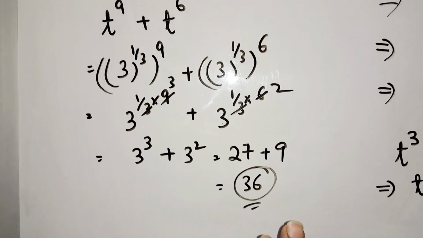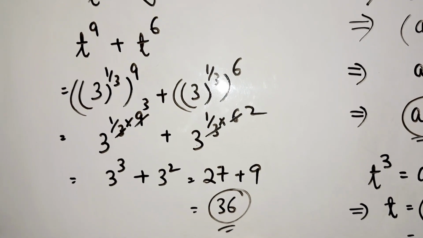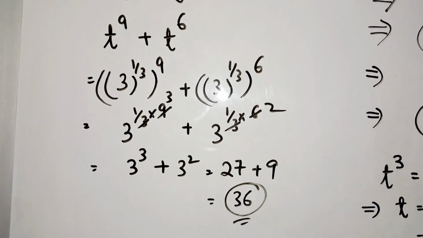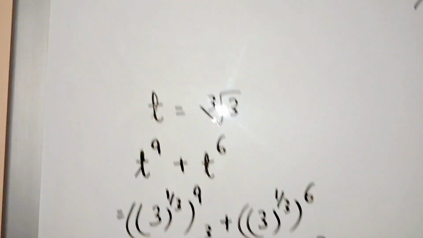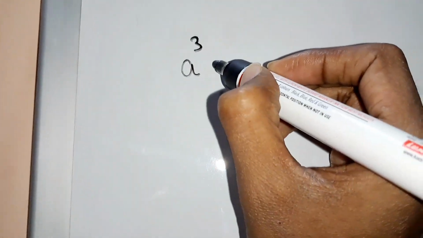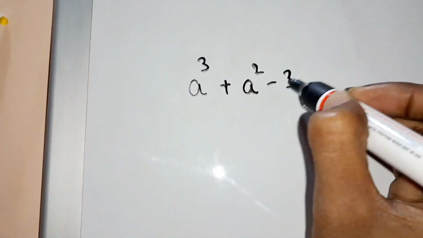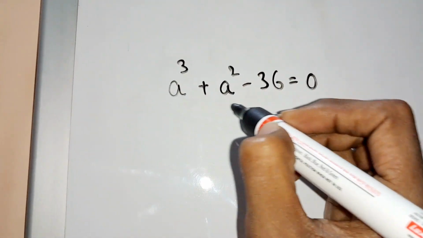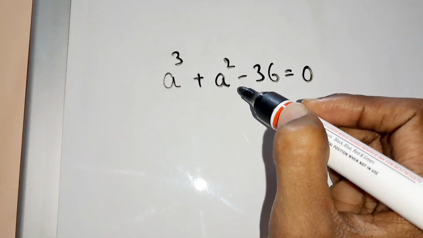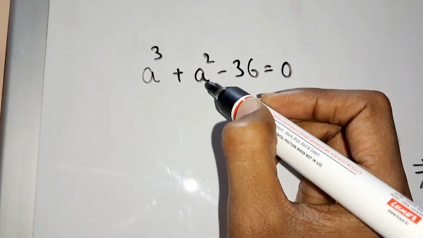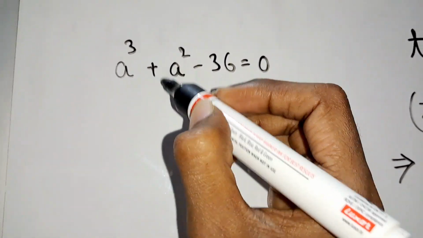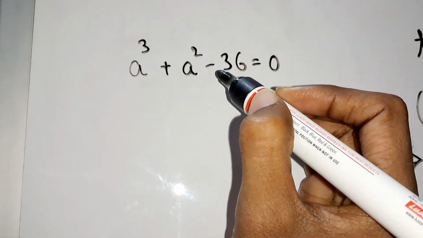Now there is one more method we can use for factorizing the polynomial. We have factorized by the long division method. One more method I want to tell here: the polynomial a cube plus a square minus 36 equals 0, which we got here. We factorized it by the long division method. First of all, we used a hit and trial method. By taking a equals 3, we got a equals 3 as an answer, and then we substituted it into a minus 3 into some factor, and then we proceeded.